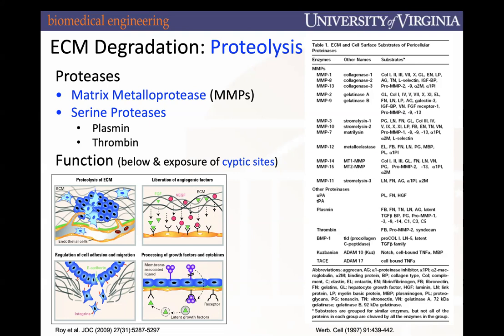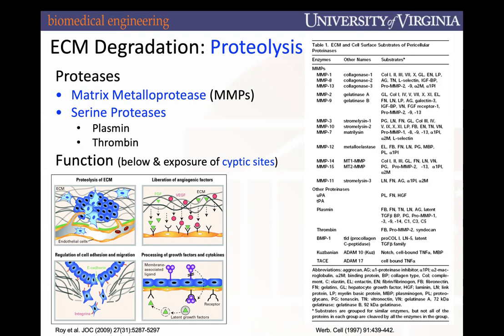The matrix metalloproteases, these MMPs, are proteases, so they are enzymes that target and break down proteins. The metallo part means it needs a metallic ion as a cofactor to make the enzyme active. Cofactors are other molecules needed to make an enzyme active.